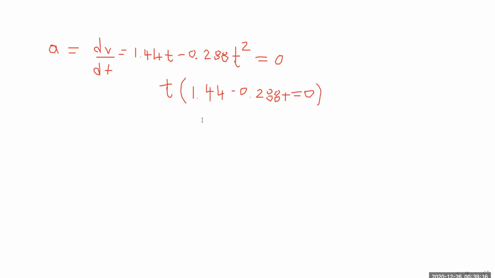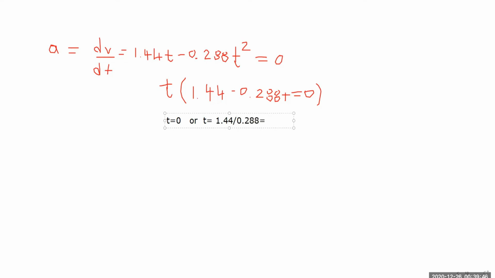We're going to get that t is equal to 0 or t is equal to 1.44 divided by 0.288.